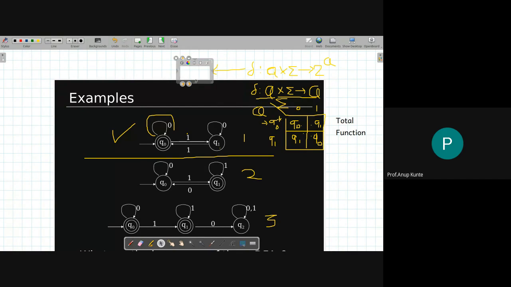I'll come back to this discussion once we finish discussing whether the last two examples on this slide are DFA or NFA. और ये नीचे वाला जो है, this is for DFA.